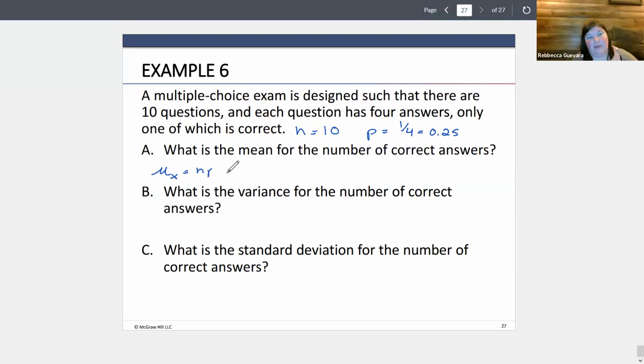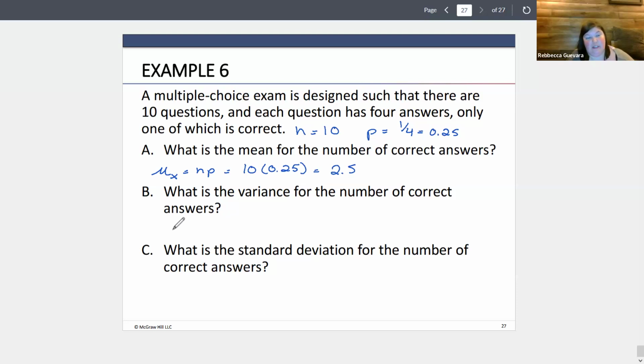Well, that's just n times p, so that is 10 times 0.25. So on average, we are expecting to get 2.5 questions correct, assuming that could happen.